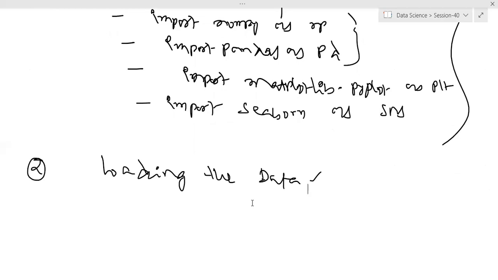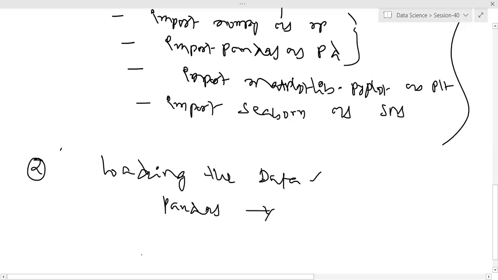In both the cases, one common scenario we have taken: sales team, and the marketing, how these marketings are really helping. Okay, all those things we have seen. So loading of the data, generally with the help of pandas, you can load the data.